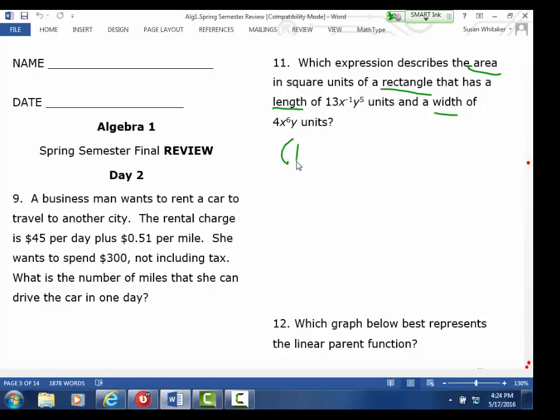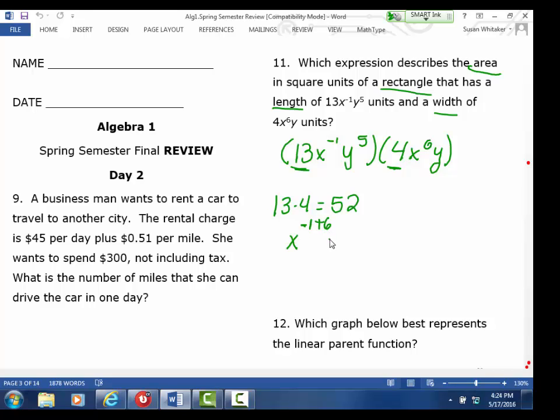So I would multiply 13x to the negative 1 y to the 5th times 4x to the 6th y. And when I'm multiplying, I multiply the coefficients. So we're going to have 13 times 4, which will be 52. And then we add the exponents, so x to the negative 1 and x is a like base, so we add 6, and we get that x would be to the 5th power.